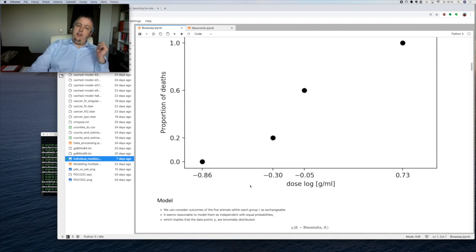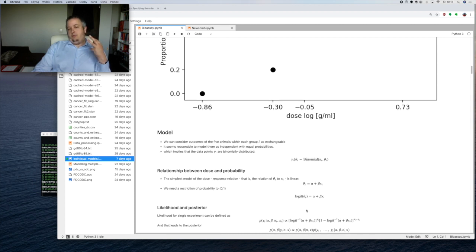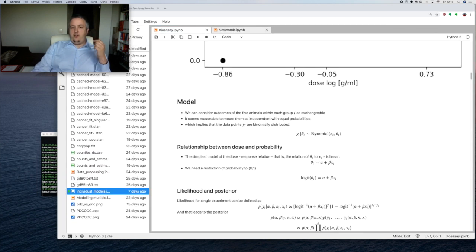So generally, for each of those samples, we have the binomial distribution. The number of deaths is conditional on the theta parameter, and it's given by a binomial distribution with n, in this case 5 trials, with the probability of theta. And we need some kind of relationship between dose and probability.